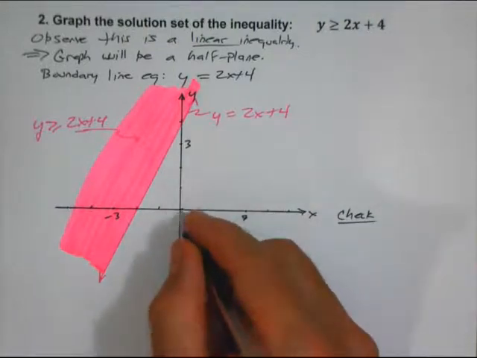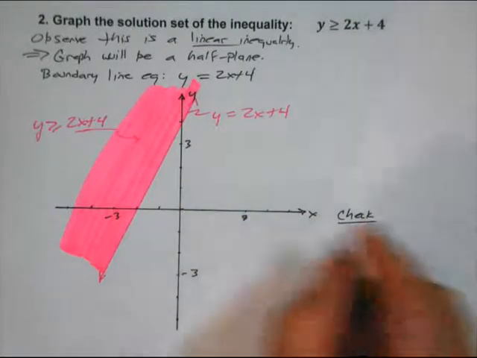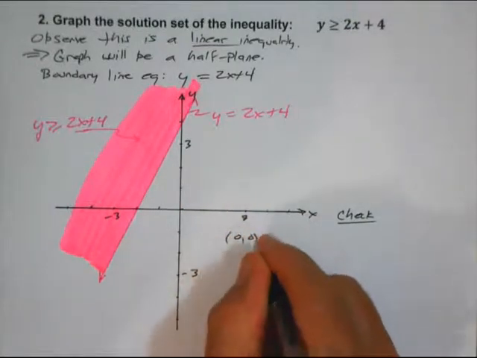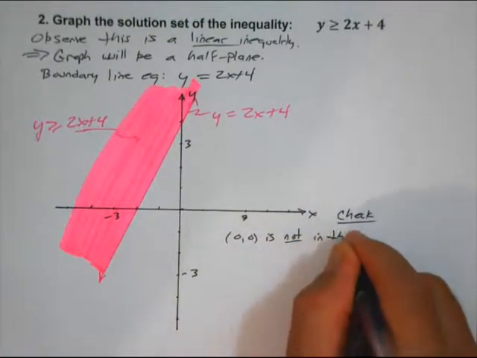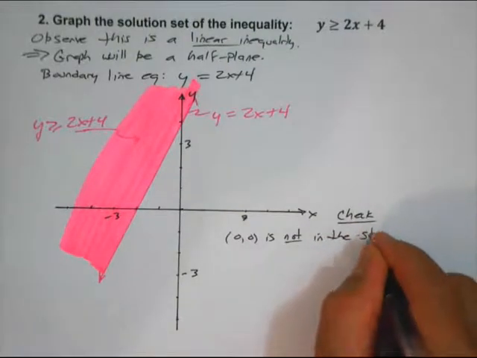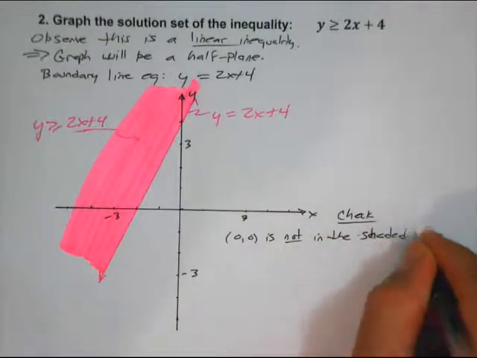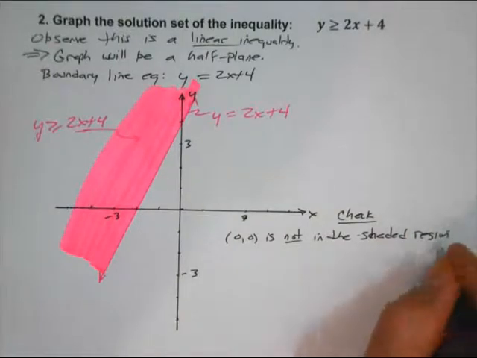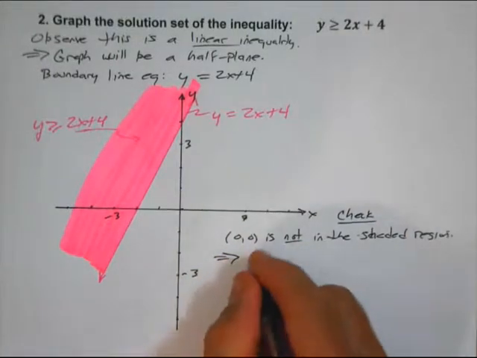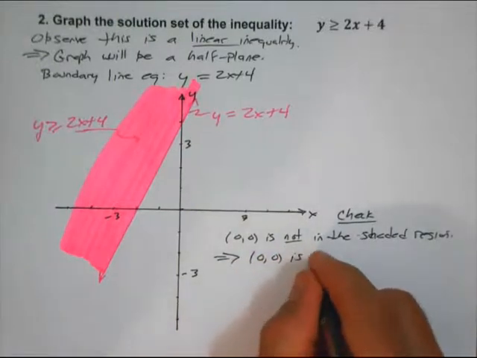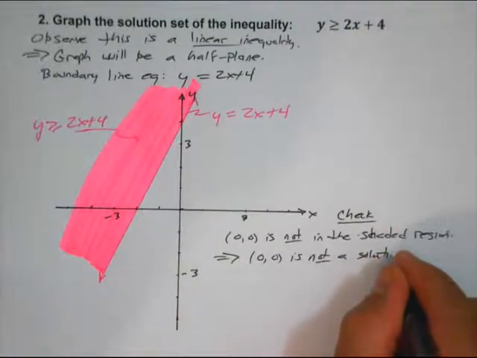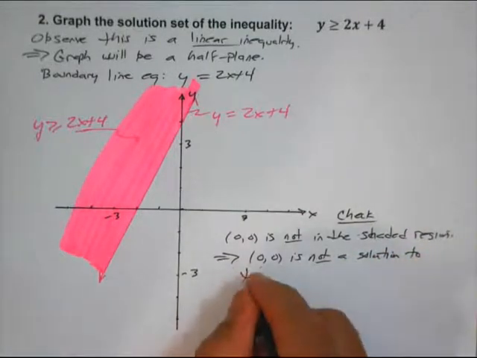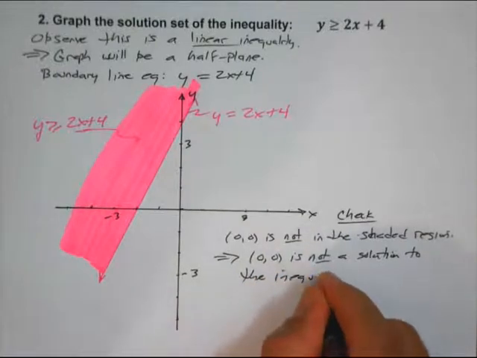You could take 0, 0, which is not in the shaded region, and this means, by definition, that 0, 0 is not a solution to the inequality.